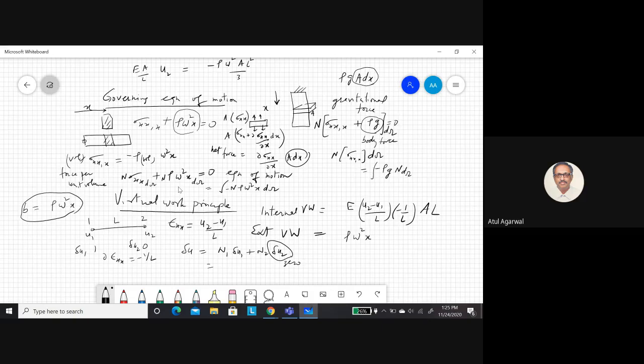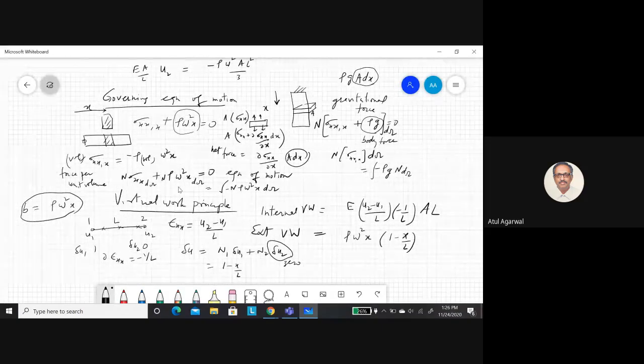So what is your N1? 1 minus x by L. So your virtual displacement is 1 minus x by L. You see, every point is moving a different displacement. These are nodal virtual displacements. Different points will move differently. And the body force on each point is different, depends on the distance from the fixed point. So this you have to integrate over the volume.